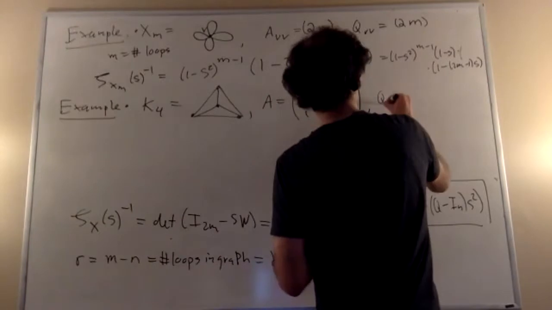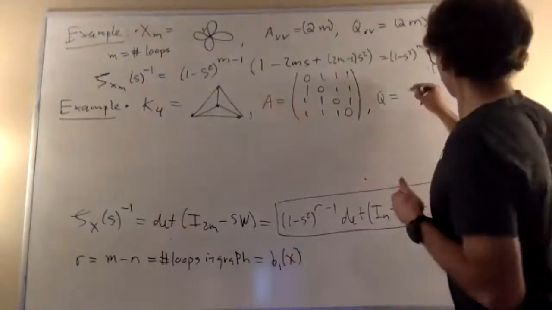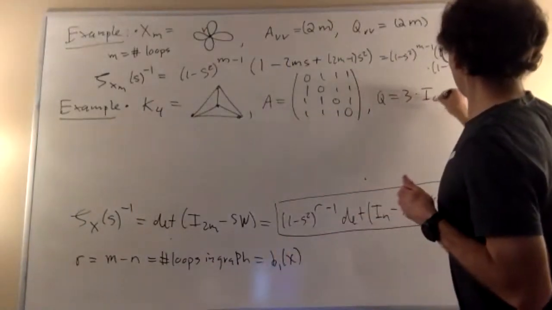And what is the valency matrix? Well, every vertex has valency 3, so this is just 3 times the identity matrix.